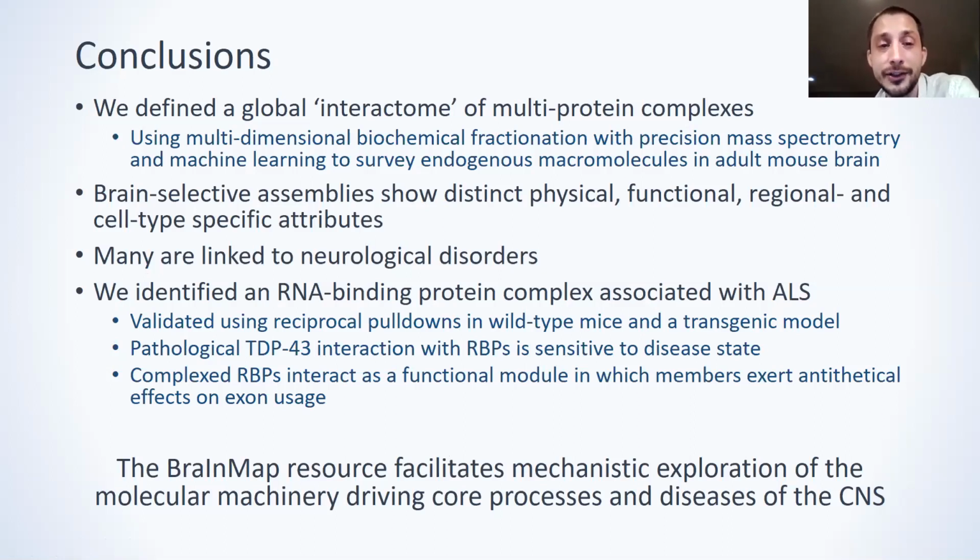Many of these are linked to neurological disorders, and we have identified an RNA binding protein complex that's associated with ALS, which we validated, we showed was responsive to disease state, and we have shown that it acts as a functional module in which members exert antithetical effects on exon usage. So BrainMap is a really neat neuroscience resource for mechanistic exploration of protein complexes.